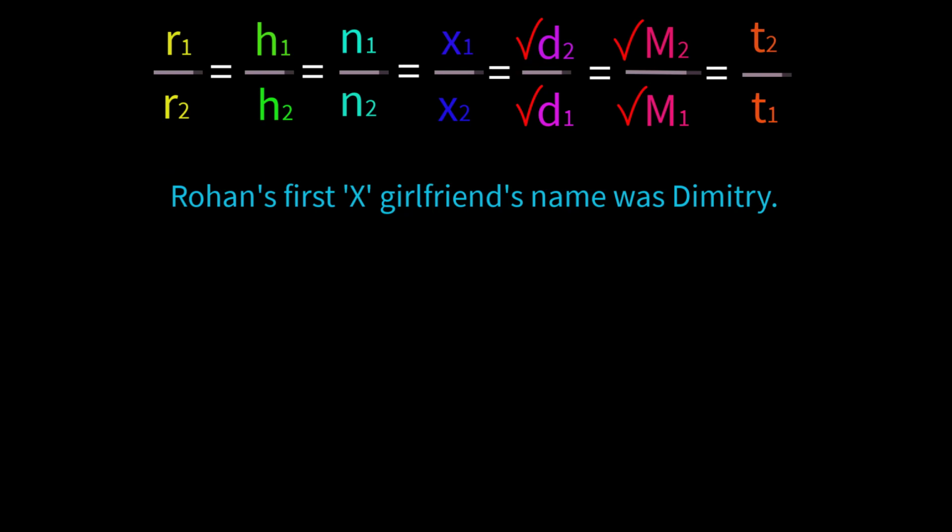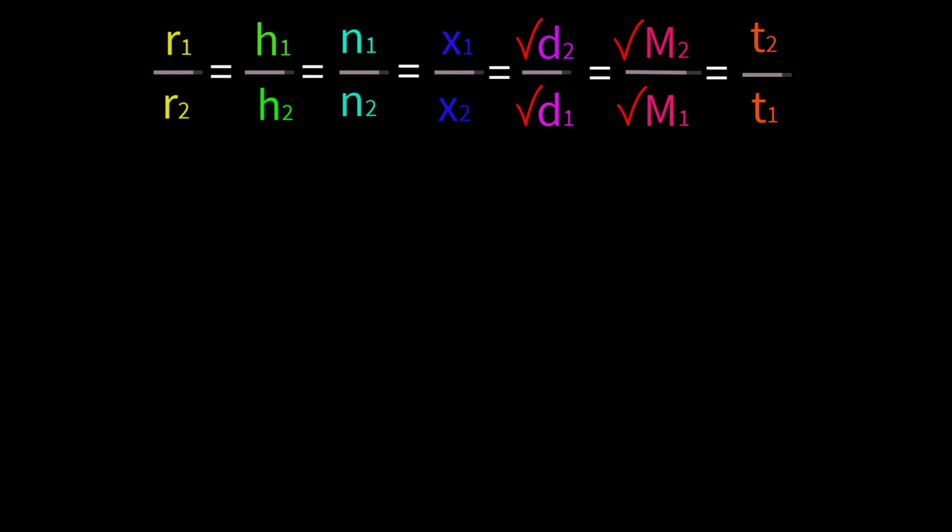Again, all these numerators have 2 here, so we will write 1, 1 and 1 here. Very easy, isn't it?